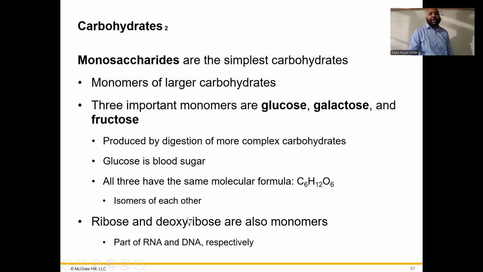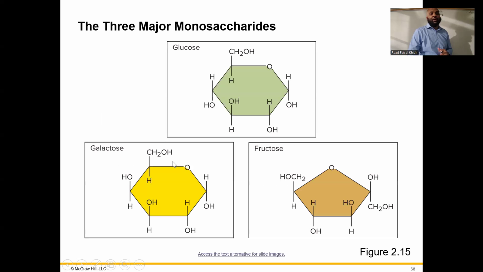So ribose and deoxyribose are also monomers. These are parts of RNA and DNA respectively. So here we go. That's glucose, that's fructose, that's galactose. What do they look like? Isomers. So that's why it's so easy if I have glucose to shuttle it into the glycolytic pathway.